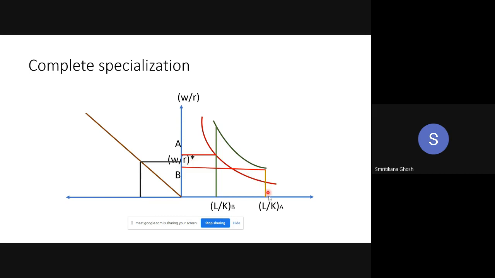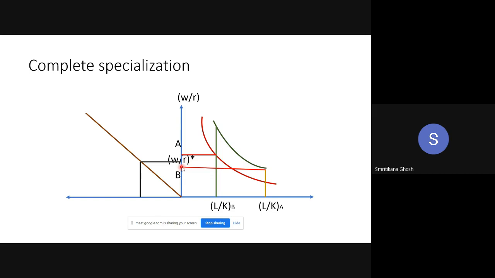Now, when country A is trying to go to W by R star, what is the maximum W by R he can achieve? This is the maximum W by R he can achieve, right? He is trying to go to W by R star, but as he cannot reach that point, max to max he can go here. So he is here, fine.